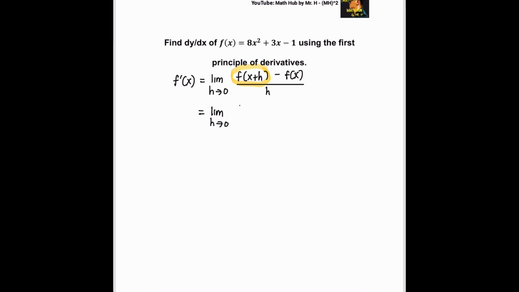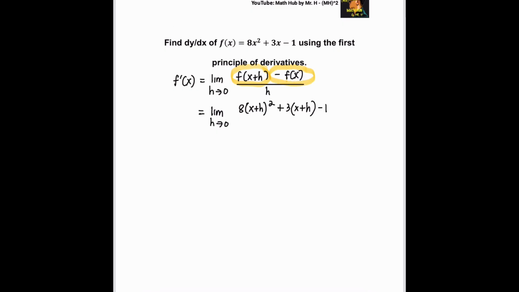So this is going to be 8 times x plus h squared plus 3 times another x must be replaced by x plus h minus 1. And now we move to this part. So minus f of x.